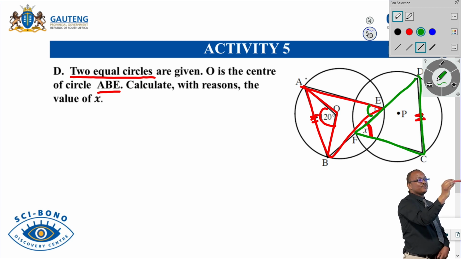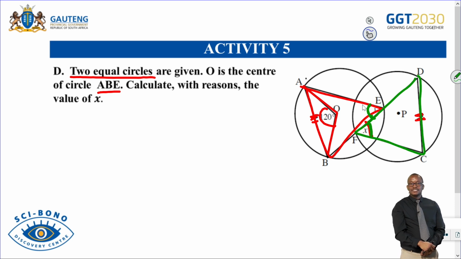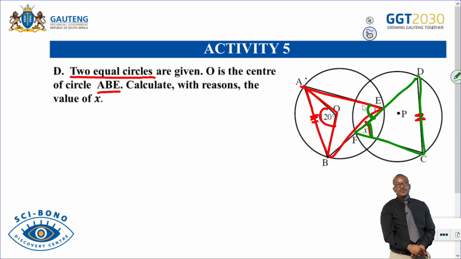It means this angle E1 and this angle X are equal, because it's equal circles, equal chords, and equal angles. You remember the third condition of theorem 4: when we have two equal circles with equal chords inside them, those chords will subtend equal angles. But now we don't know what E1 is, therefore we can't get our X yet. But we can get our E1.